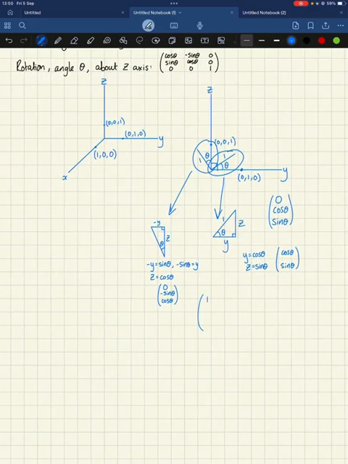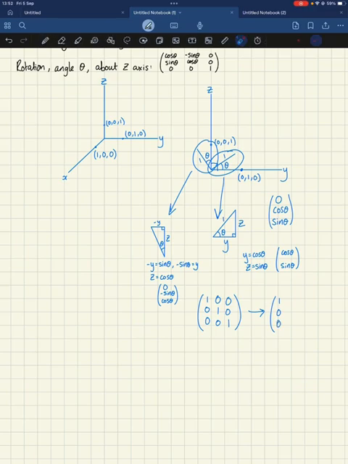Right now, our 1, 0, 0, 0, 1, 0, 0, 0, 1 has now been transformed to, like we said, the x-axis is invariant, so that stays as 1, 0, 0. The second vector, the j vector, was this one, and that got mapped over here, so that's this triangle. So we've got 0, cos theta, sine theta.